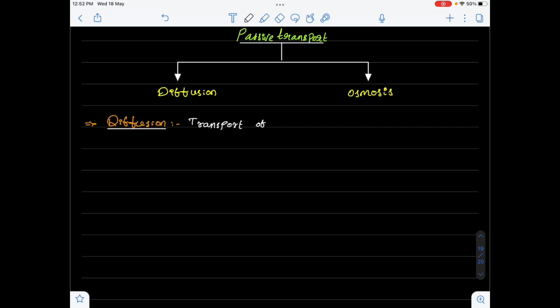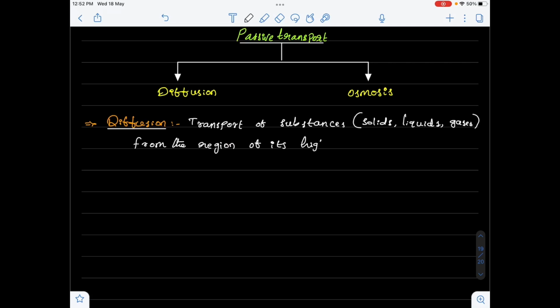Transport of substances, and these substances can be in different states like solids, liquids, gases, from the region of its higher concentration to the region of its lower concentration is called as diffusion.